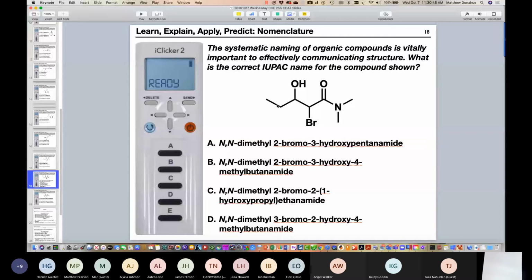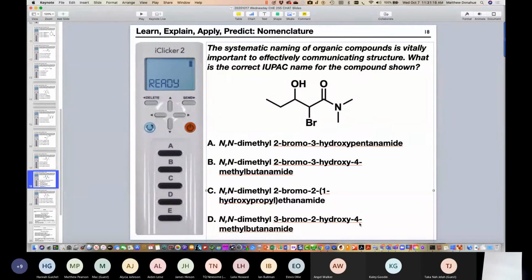1-hydroxypropyl, everything within this parentheses is bonded to the 2 position. And the longest chain is 1, 2. So you can see that we're building complexity into this name that is not needed. So D reverses the location of the substituents, and that's incorrect.